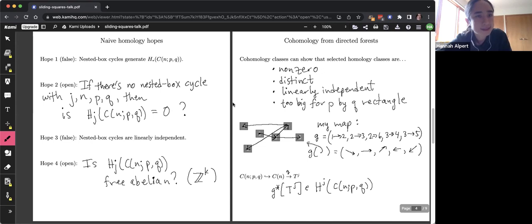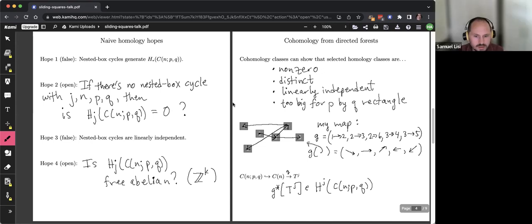And then you're looking at this map to the torus. It looks to me like you're only really getting cohomology classes on CN in this construction, and then you're pulling them back to CNPQ. Does that actually tell you something?